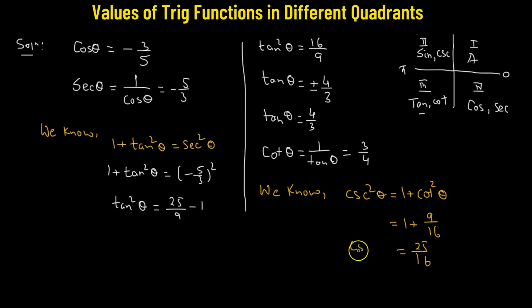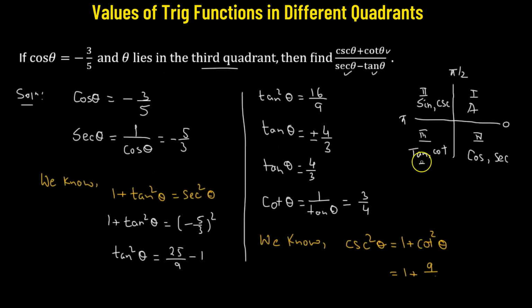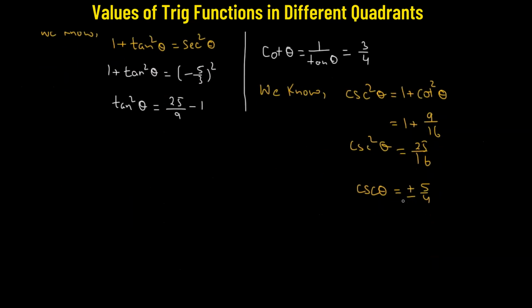So this is the value of cosecant squared theta. Taking the square root on both sides, we're going to obtain the value of cosecant theta, which will be plus or minus 5/4. So we'll check what's the nature of cosecant theta in the third quadrant. In the third quadrant, cosecant theta will be negative because only tangent and cotangent are positive. Everything else is negative. So cosecant of theta will be -5/4.